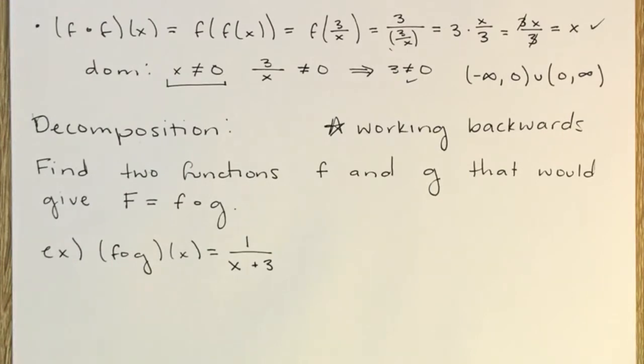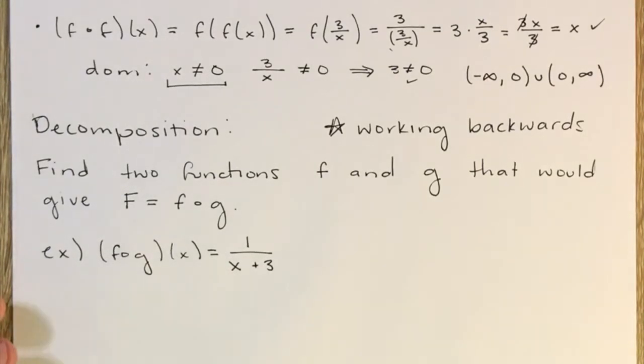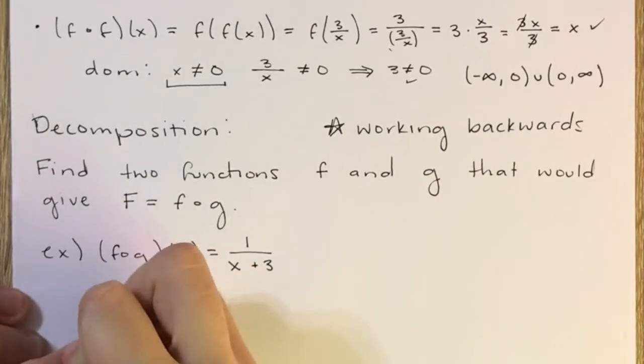So in my opinion, the best place to start with these types of questions is figuring out what is the inside function here? What is our g of x? What is on the inside? Kind of working from the x outwards. So I like to rewrite it.